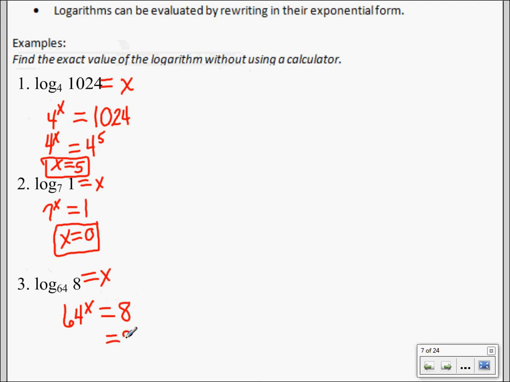Well, 8 can't be written any further than it is, so we rewrite 64 as 8 to the power of 2, and then we have our x in there. Now that our base is the same, we can rewrite 2x equals 1. We just took the powers, and now we solve for the variable by dividing by 2 on both sides. When we do that, we get that x is equal to 1/2.